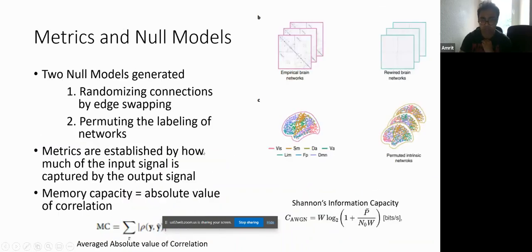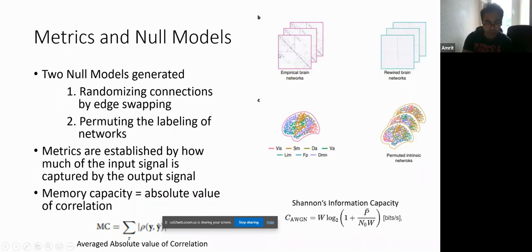Basically, the way that she evaluates it is, first she creates 2 null models. She creates them by taking the empirical structural connectivity, so this is brain regions by brain regions, and she randomizes and rewires it and creates a bunch of them. She has, I think, 66 DTIs, so she runs it on each single one of them.